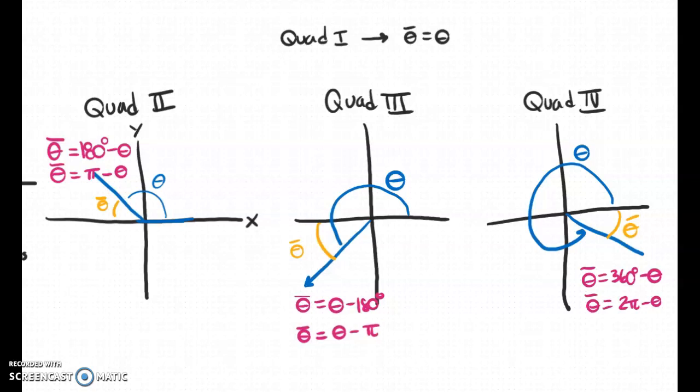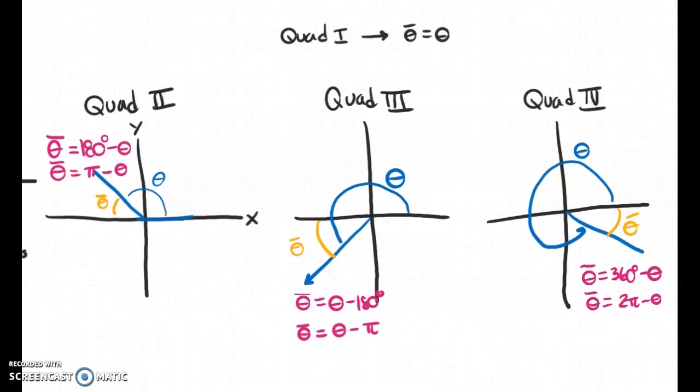So now that we have all those reference angle formulas, we are going to use them to evaluate a trig function. Let's say the question says, find the sine of 240 degrees.